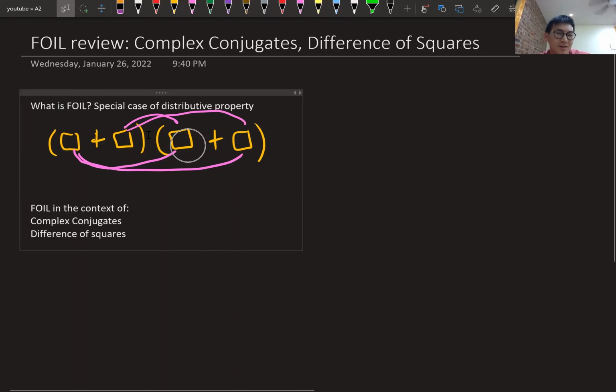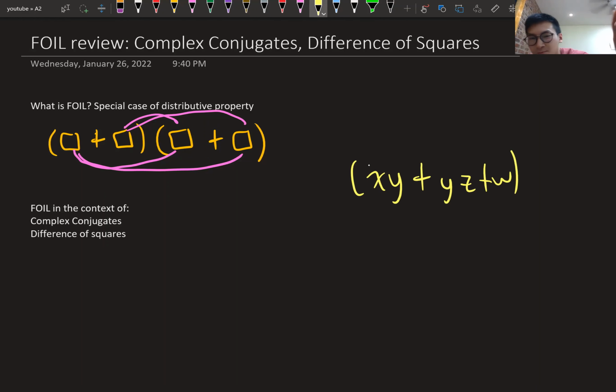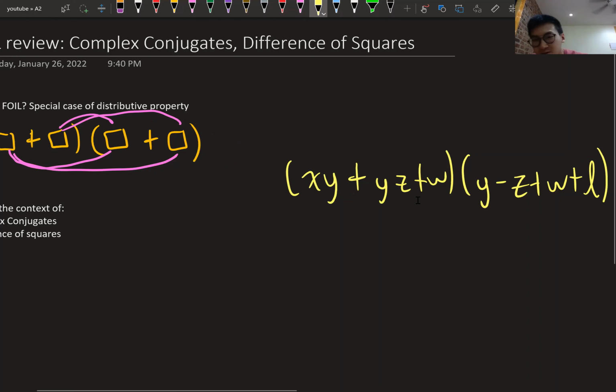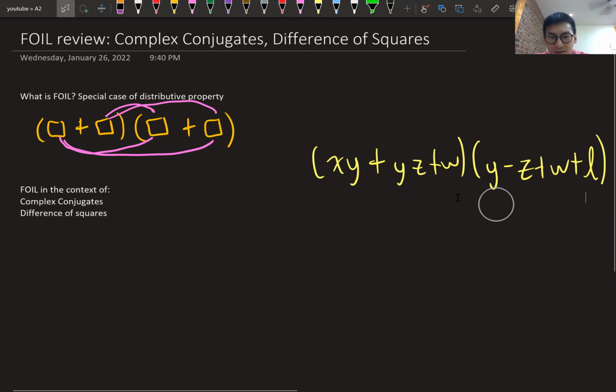It might be better to think of it like this because then you can generalize this to higher terms. So if I gave you something like xy plus yz plus w, and then y minus z plus w plus l, just making these things up, you can apply the distributive property like this. If you count, there are 3 terms here, and 4 terms here.